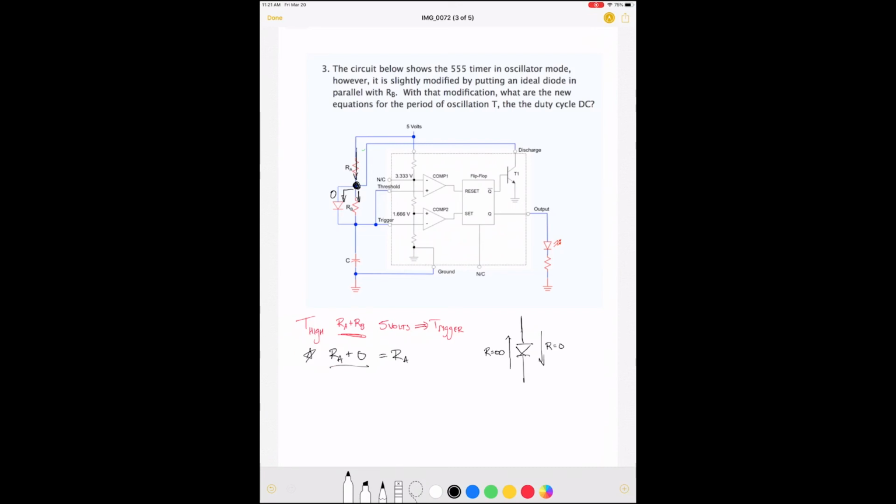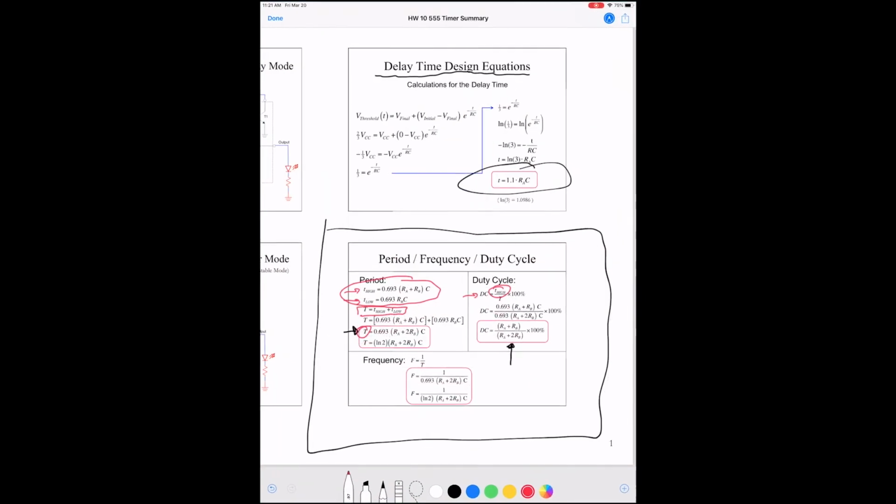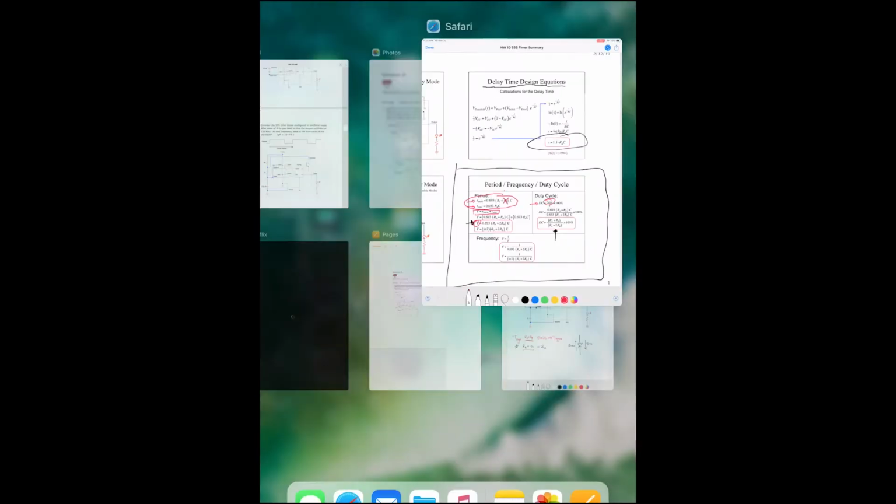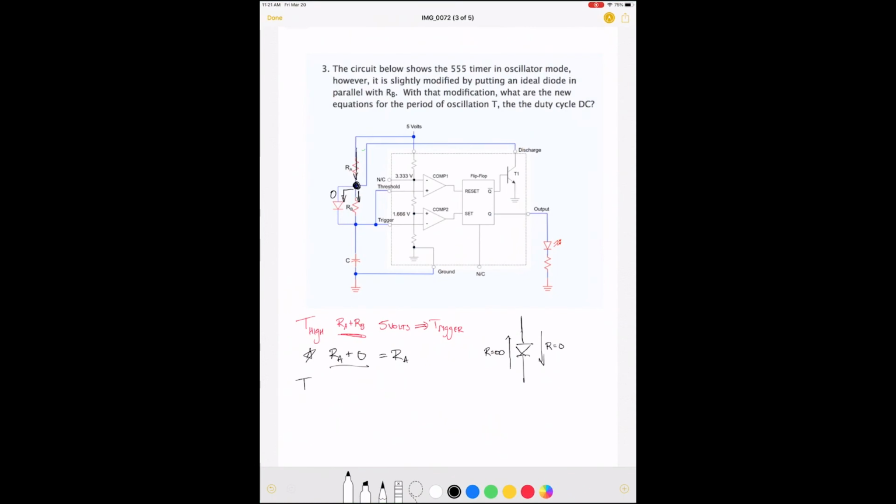So let's go grab that equation. T high is equal to 0.693 times RA, and this RB will go away, times C. So let's write that down. T high is equal to 0.693 times RA times C. And that's it.